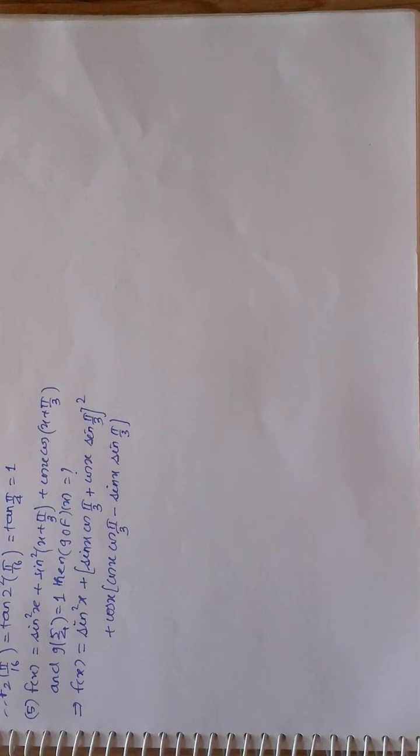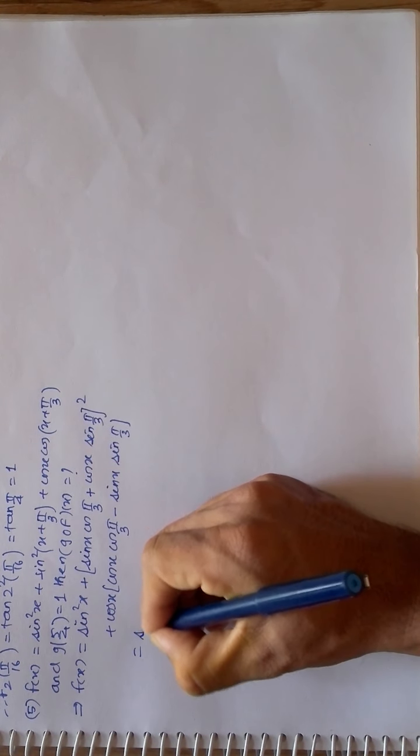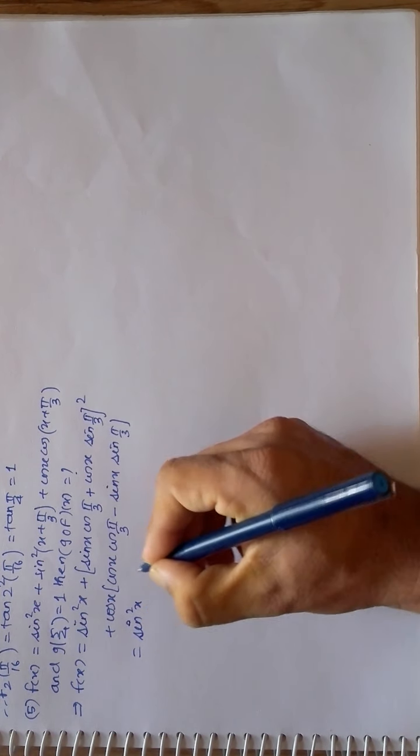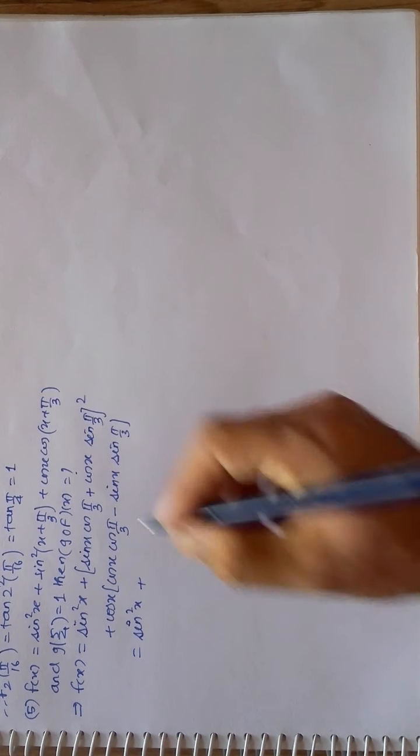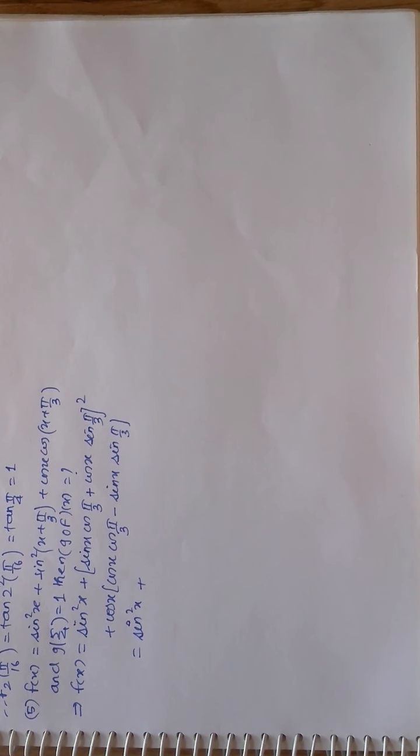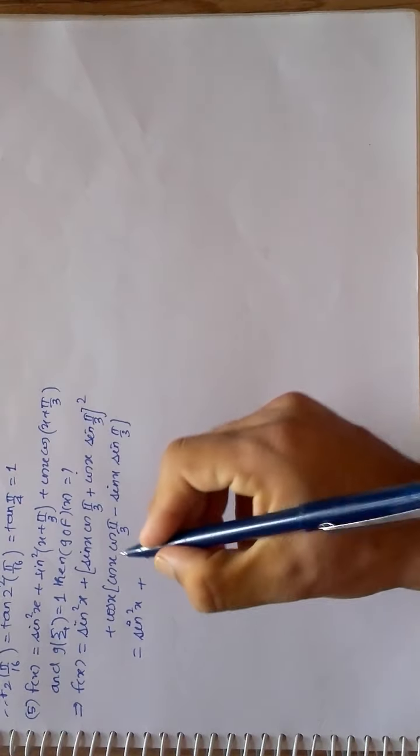Agreed? So solving it further, what I get here is sin square x plus cos pi by 3, which means cos 60, so it is half.